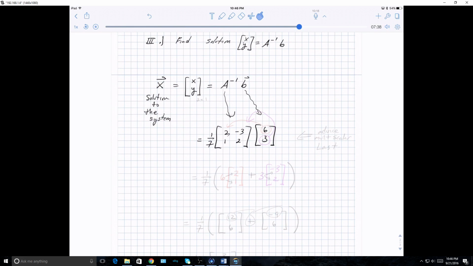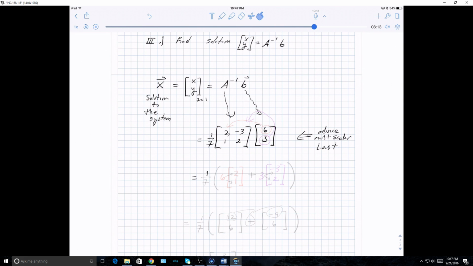And my advice would be to multiply the scalar last. So if we do this product now, we can do it by the linear combination method very easily. Now, let's decide what the product is going to have. Well, we already know, because what we're solving for is a 2x1, that we only have one column to worry about, which is really nice.